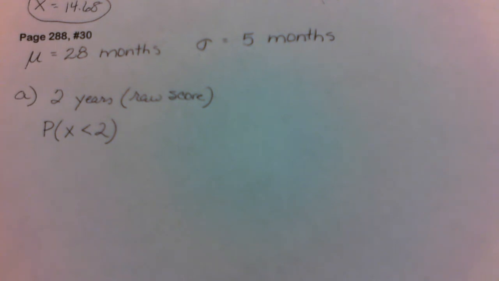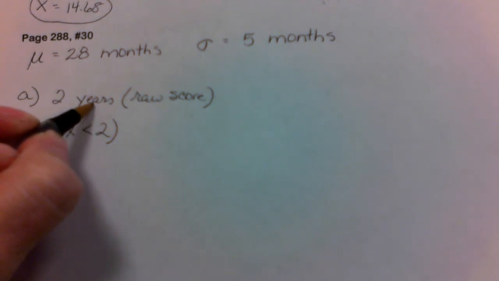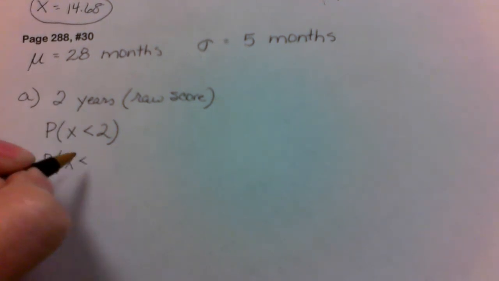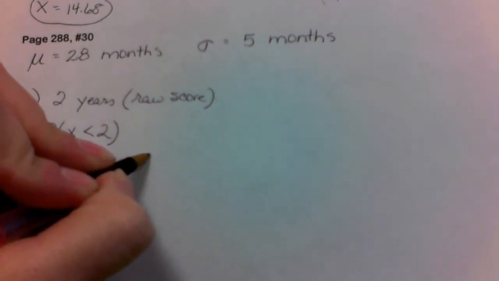Now, one thing that you need to notice in this particular problem is this x value was given as 2 years. Mu and sigma were given as months. So in order to do my calculations, I need to rewrite this as months.